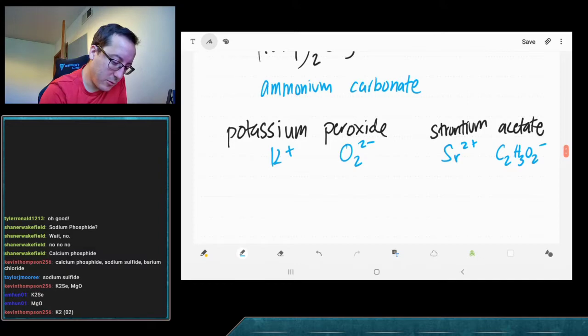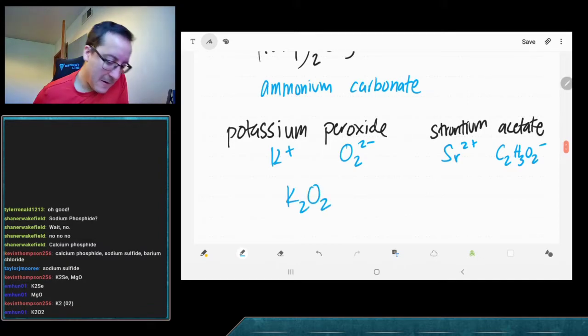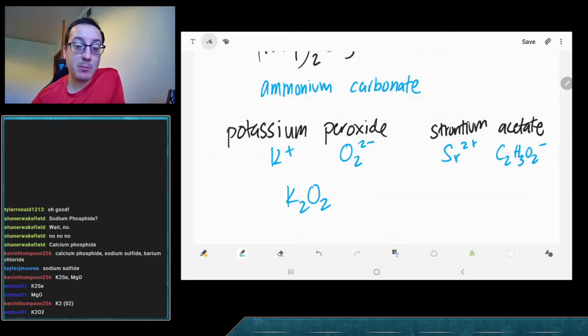Interesting. Okay, cool. I like that. One thing with that, Kevin, I'm not going to put the parentheses since we only have one peroxide there. We do not need the parentheses. However, I'll show you an example where we would put parentheses for peroxide, but it's not necessary for this one.